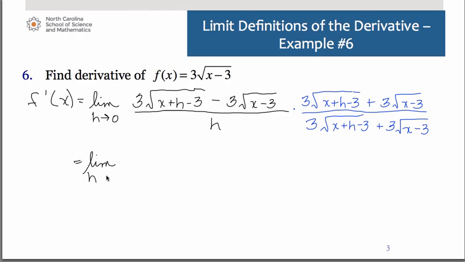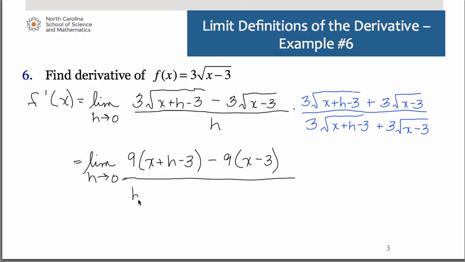The denominator we shall just leave as it is. So multiplying this out, we have the 3 times the 3 in the numerator, so that makes 9 times the quantity x plus h minus 3. The outside and inside terms cancel out. In the back, we have minus 9 times the quantity x minus 3. And as I mentioned, the denominator we shall just copy over and leave as is.